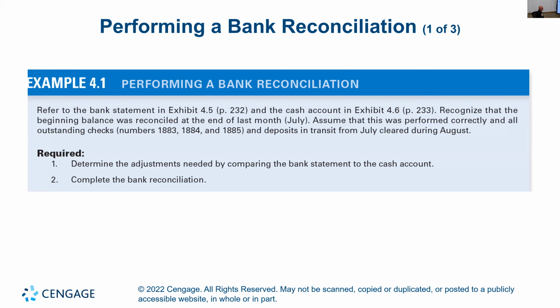All right, so refer to that bank statement that I just showed you, recognize the beginning balance, and go through and see if you can figure out what was wrong.